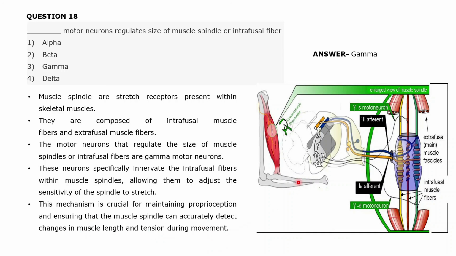So that's the function of this particular motor neuron, because in the name itself you know that it is something related to movement, right? Motor neuron. So gamma neurons attach to these intrafusal muscle fibers that are present within the muscle spindle, regulating them to stretch. So I think this answer is clear.